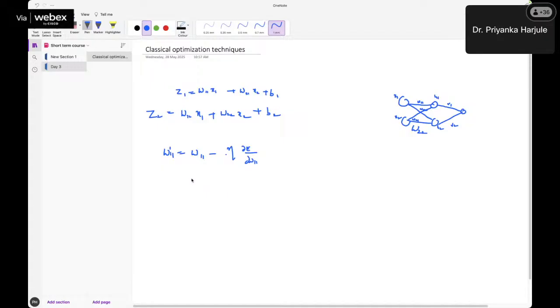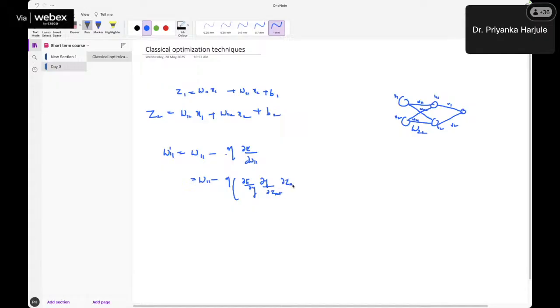So that is equal to W11 minus eta times. So E is dependent on Y. Y is dependent on Z out.